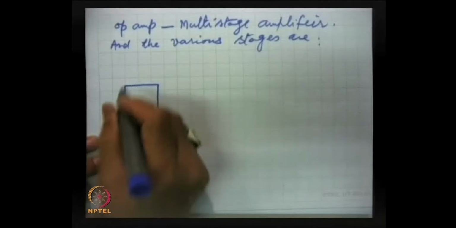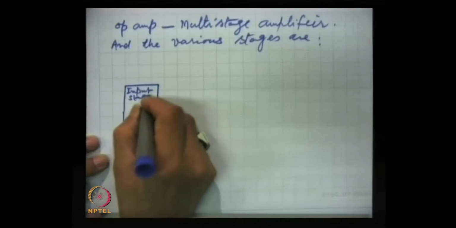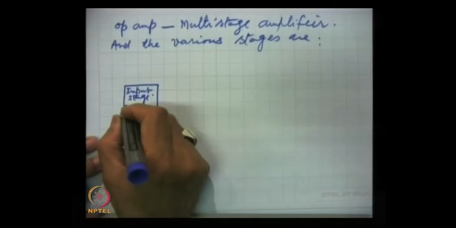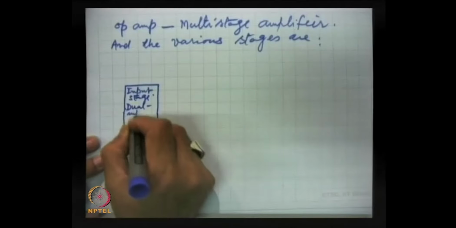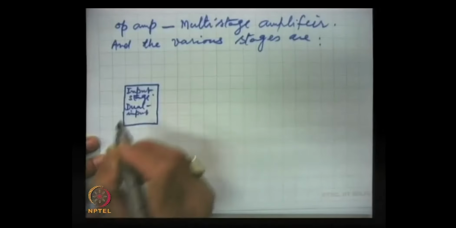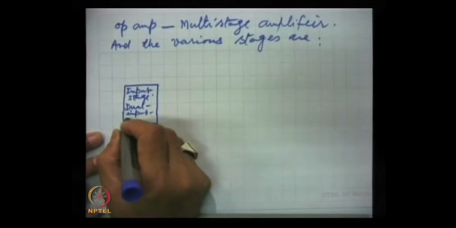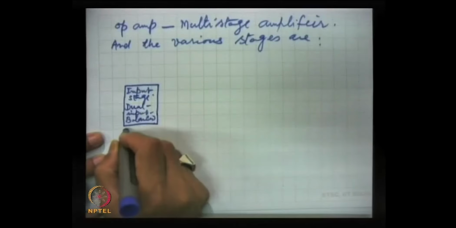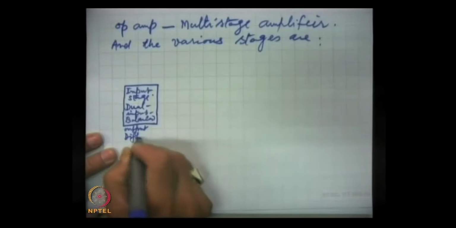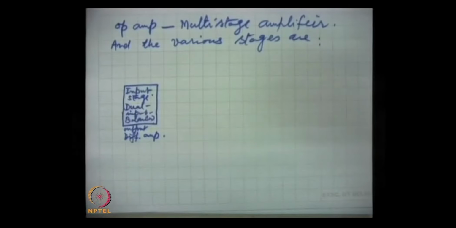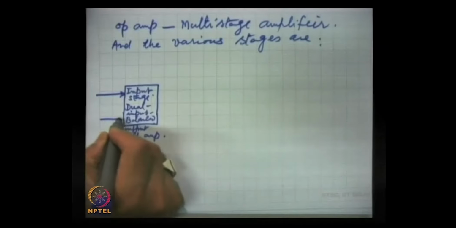This is the input stage, which is a dual input. This is a differential amplifier, dual input, balanced output differential amplifier, and obviously it will have two inputs, 1 and 2.